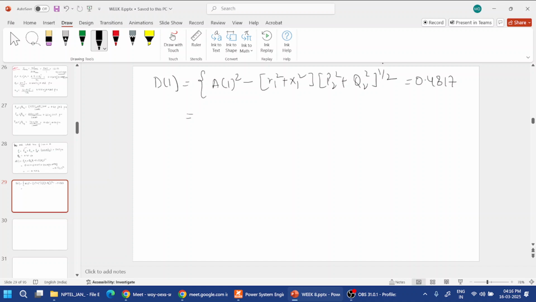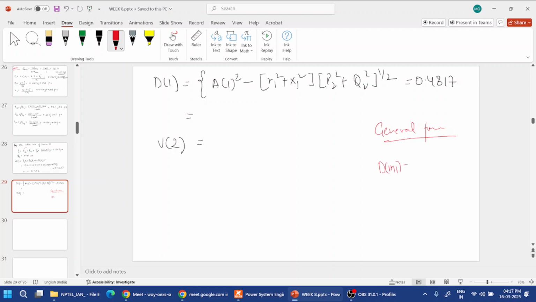Now that we have calculated D1, after this we will calculate the voltage V2. How is it calculated at the next bus? It has a general formula; let me write it, it will help you understand.